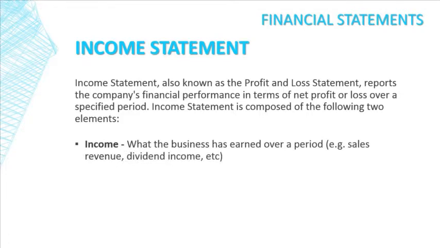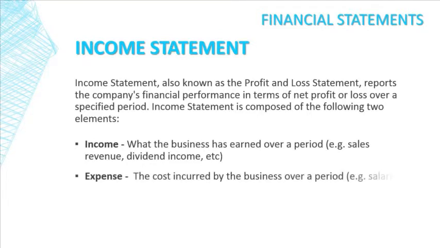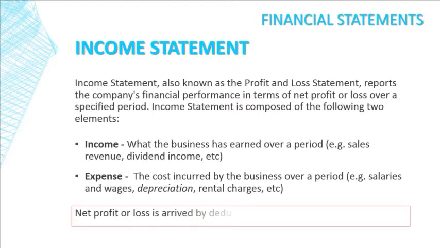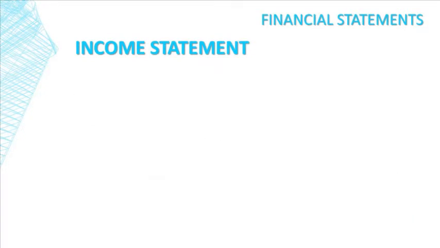Examples: sales revenue, dividend income, etc. Expenses, these are the costs incurred by the business over a period. Examples: salaries and wages, depreciation, rental charges, etc. Net profit or loss is arrived at by deducting expenses from income.